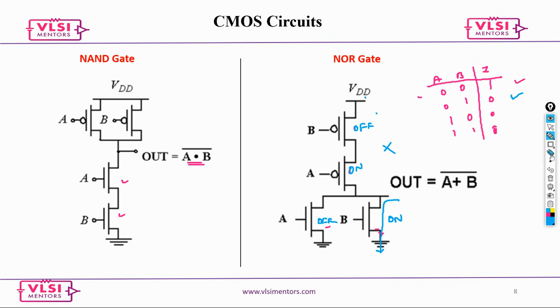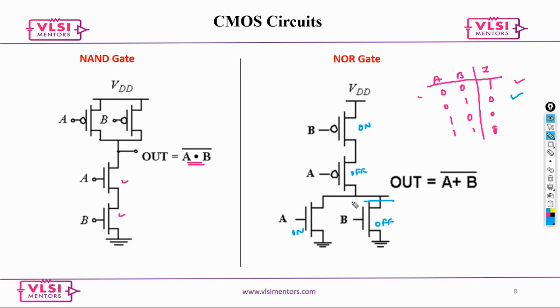Okay. Now what is the next one? Anyone else? Come on guys, we have many people here. So this is going to be on and this is going to be off, and this is going to be on and this is going to be off.